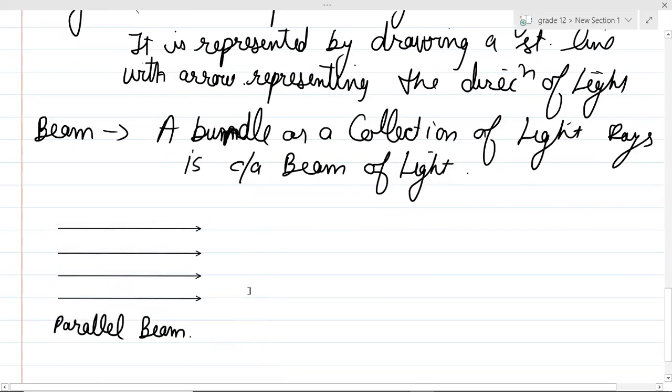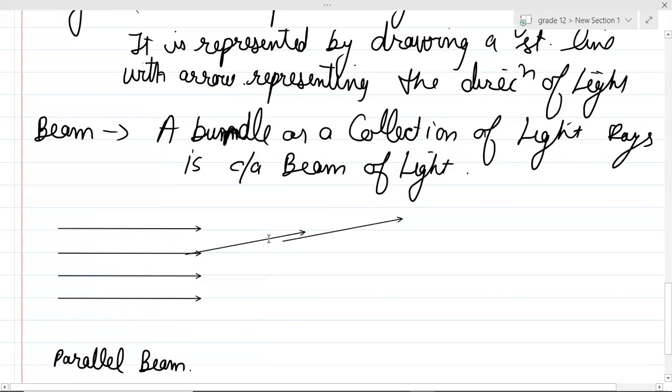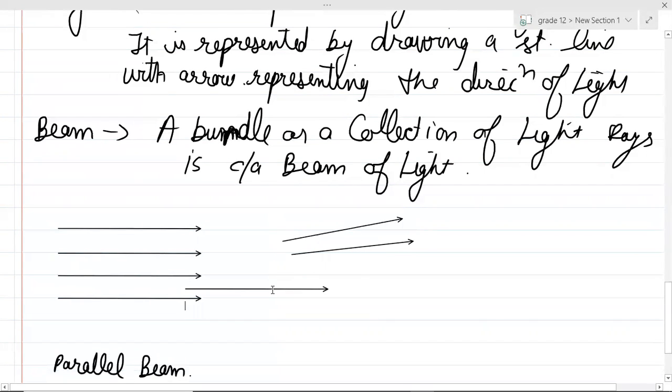This is called a parallel beam of light. Then you have these types of beams as well. Draw it properly, okay? I will not draw it properly now.